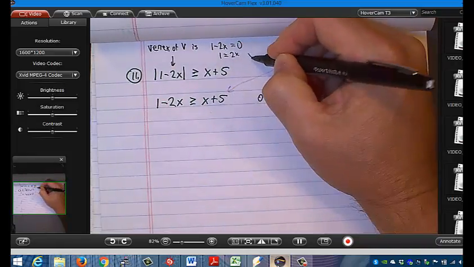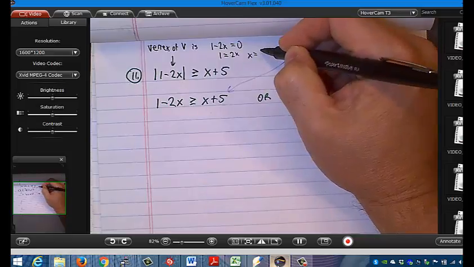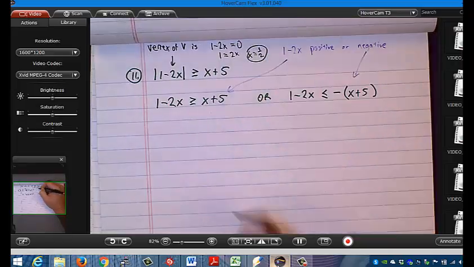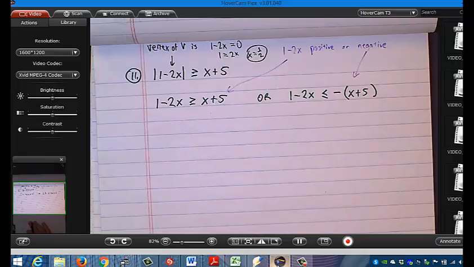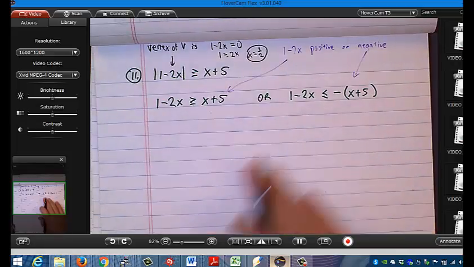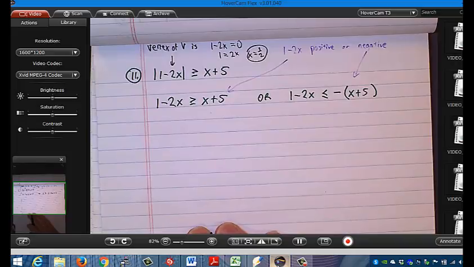So it's when x equals what? 1/2. It's when x equals a half. That's the vertex. And I think if you understand that, you can really help yourself when you split up into these two cases.